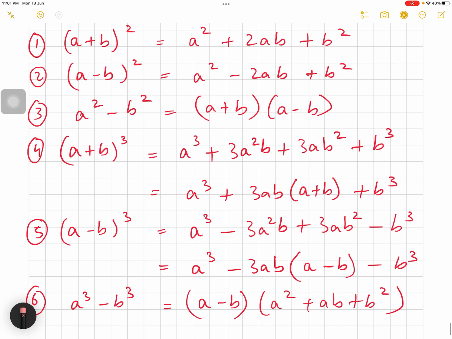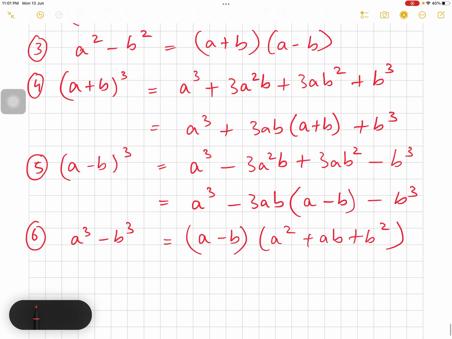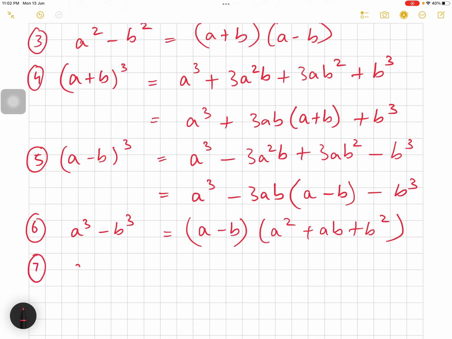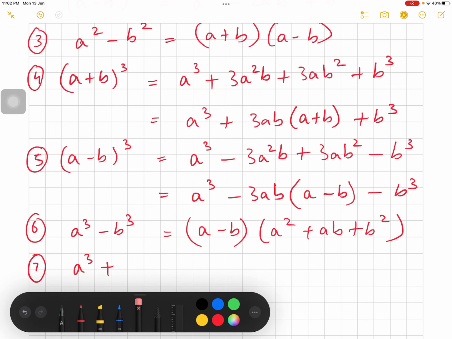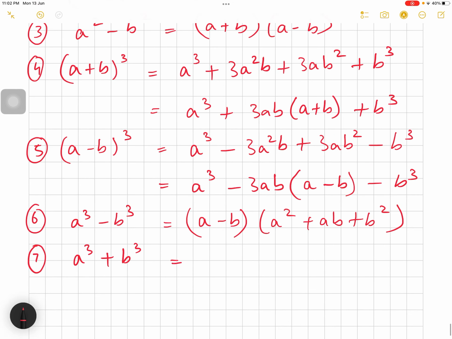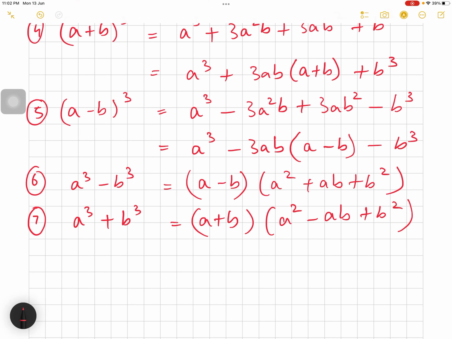Okay, the next formula, seventh one, a cube plus b cube is a plus b into a square minus ab plus b square. Okay, let us check whether this is true or false.